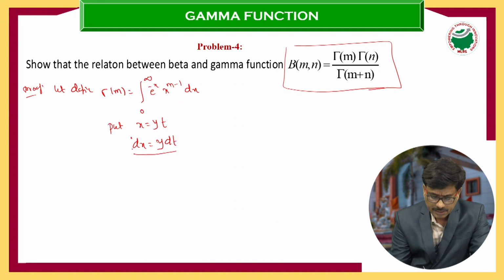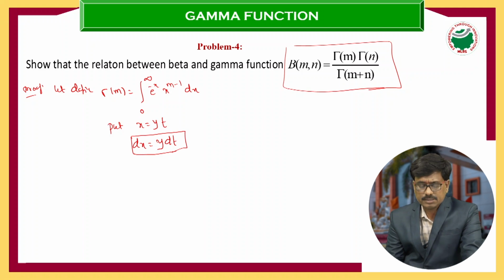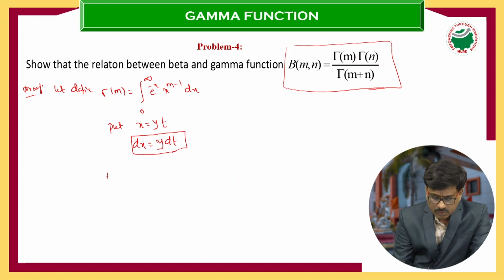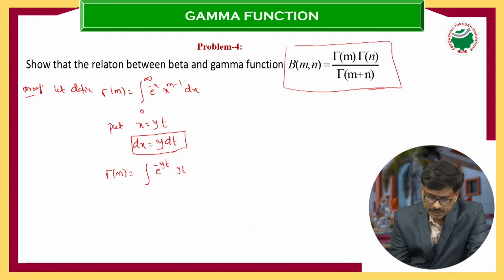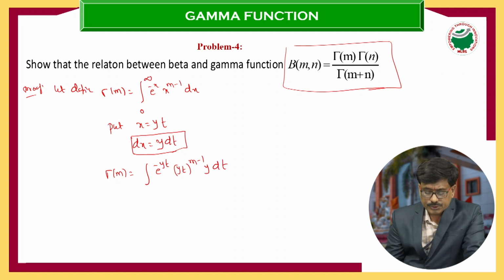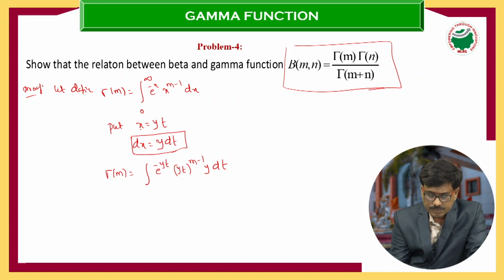Wherever dx is there, I can replace it by y into dt. Gamma of m is the integral with x replaced by yt: e power minus yt, whole power m minus 1 into y dt. Now substituting the lower limit x is 0, the t variable is also 0. If x is infinity, t value becomes infinity.